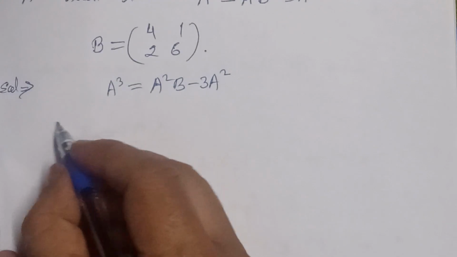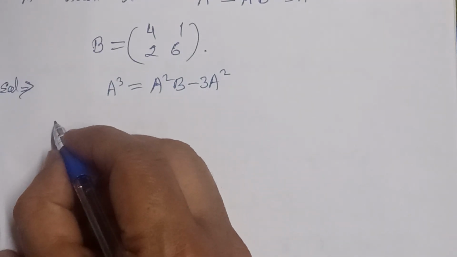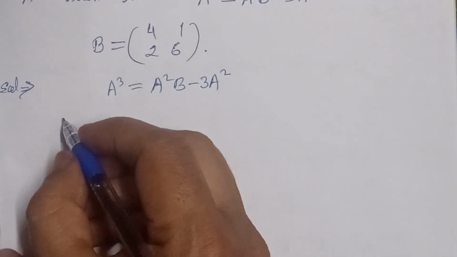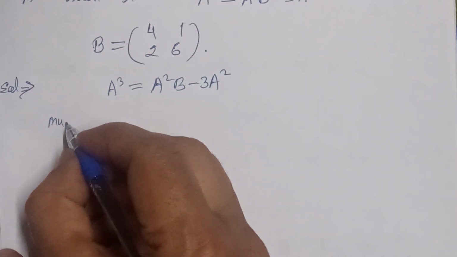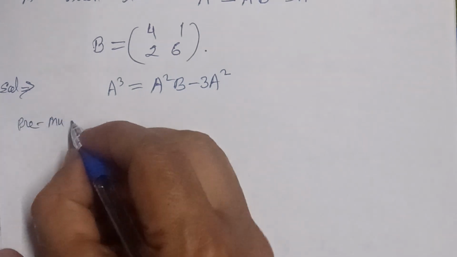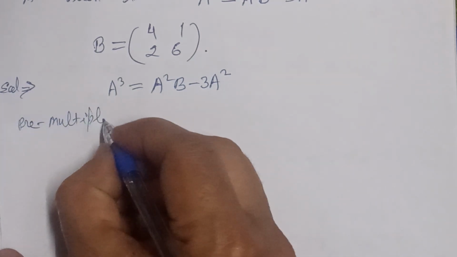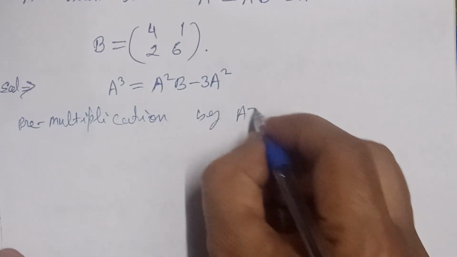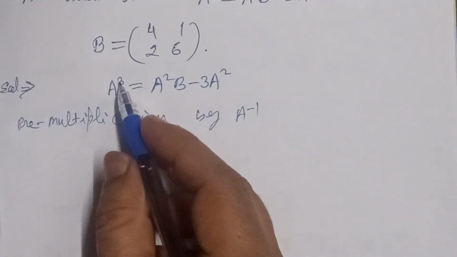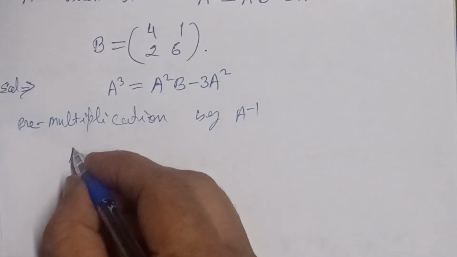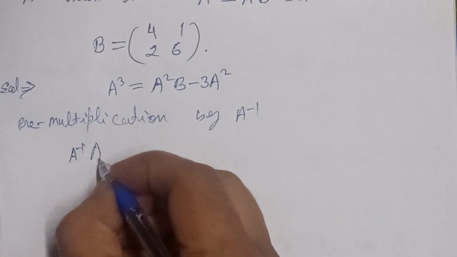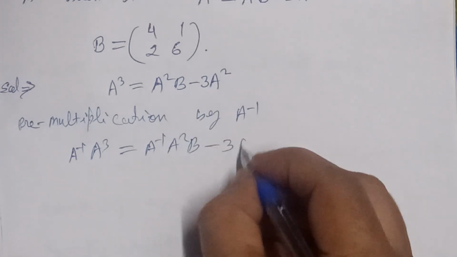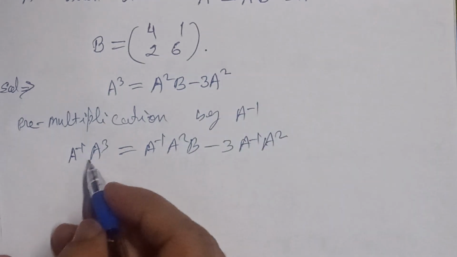First of all, I pre-multiply this equation by A inverse. A inverse A cube is equal to A inverse A square B minus 3 A inverse A square.